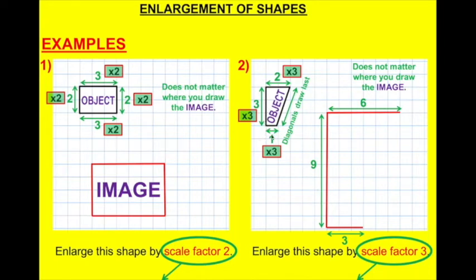And this length here is 1 unit. Multiplied by 3 becomes 3 units. And we connect these two, right, to get the last length or the last side. So that becomes the image.